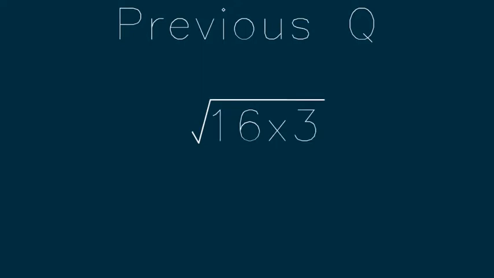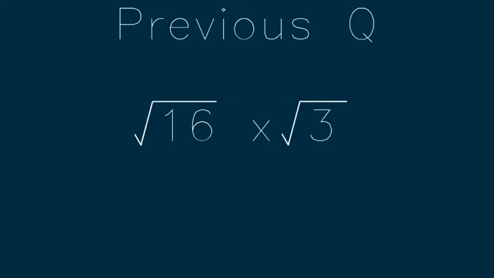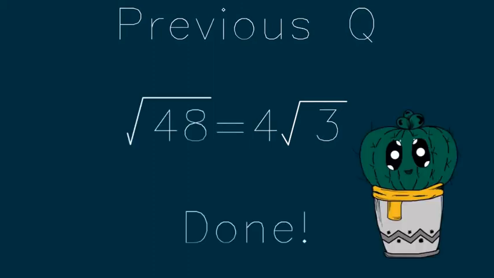By asking what the square root of 48 is made up of. 48 is made up of 16 times 3, and if you have some practice with the squares, you can say that 16 is the square of 4. With the property of the square roots, you can distribute them like I have done over here, then say the square root of 16 is equal to 4, and then multiply them, and you get the answer.